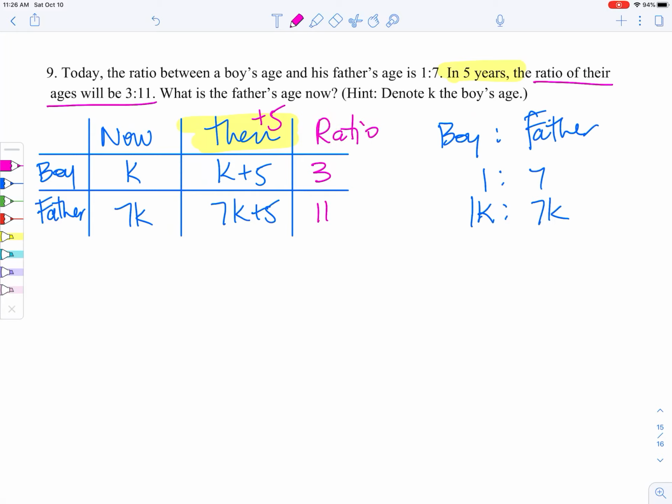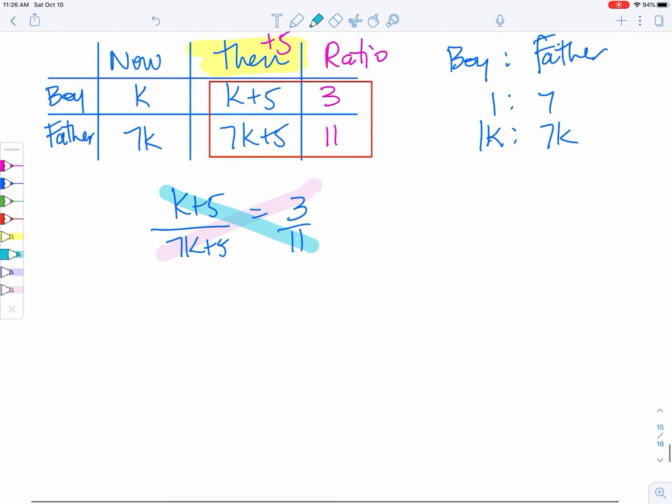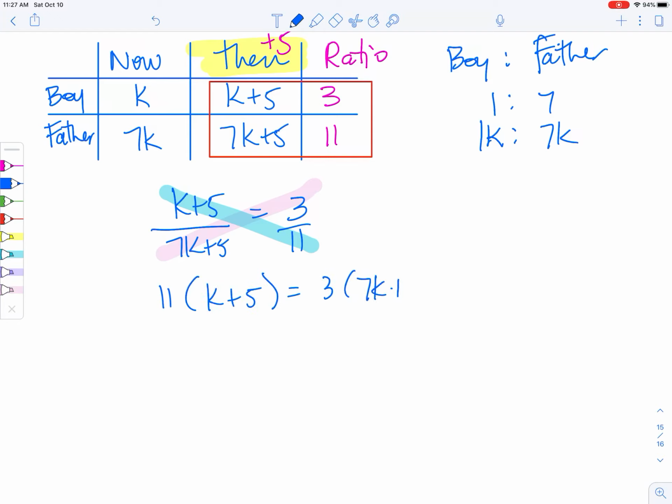And we're going to build our formula from this. So we're going to write K plus 5 over 7K plus 5 equals 3 over 11. Cross multiply gives 11 times K plus 5 equals 3 times 7K plus 5 because we cross multiplied.